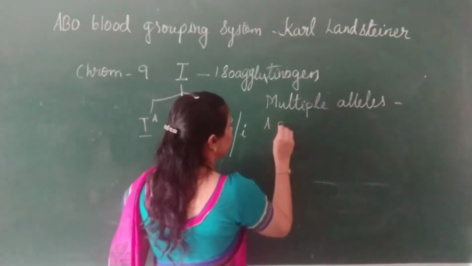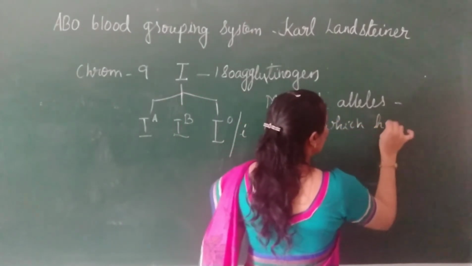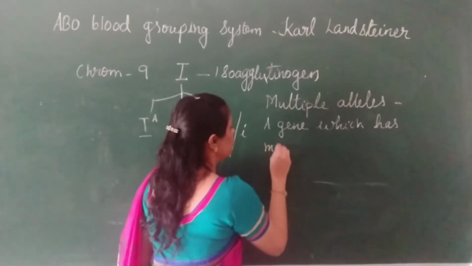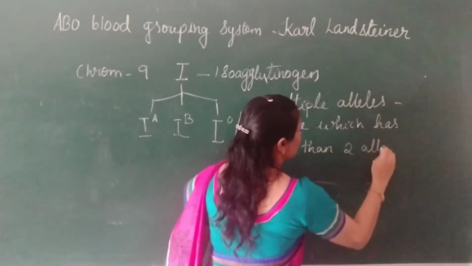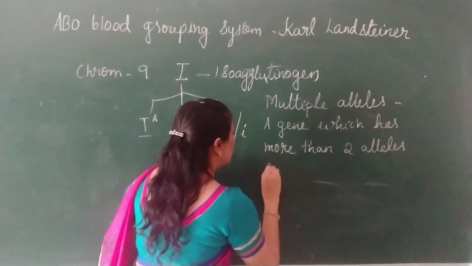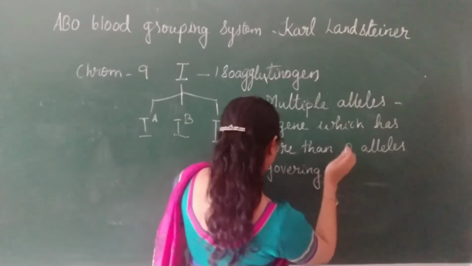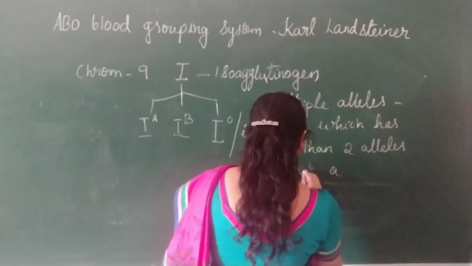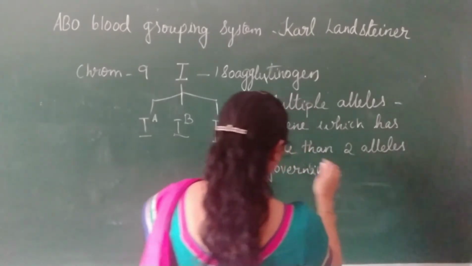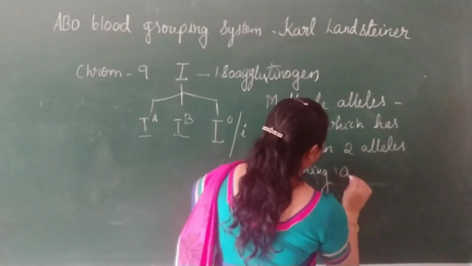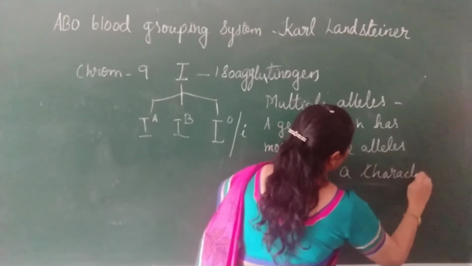Definition: a gene which has more than 2 alleles governing a single character.